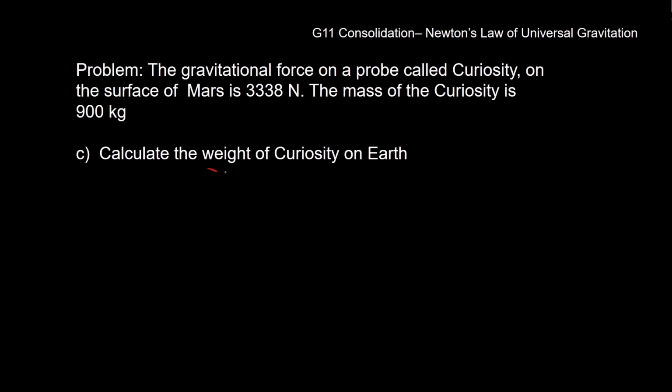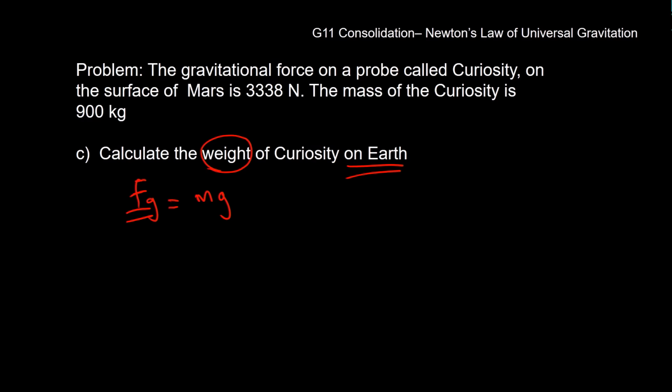Calculate the weight of Curiosity on Earth. This is another easy one. Let's have a look at it. So weight, the other one is force of gravity, is equal to mass times gravitational acceleration. So we want to find out the weight. That's what weight is.